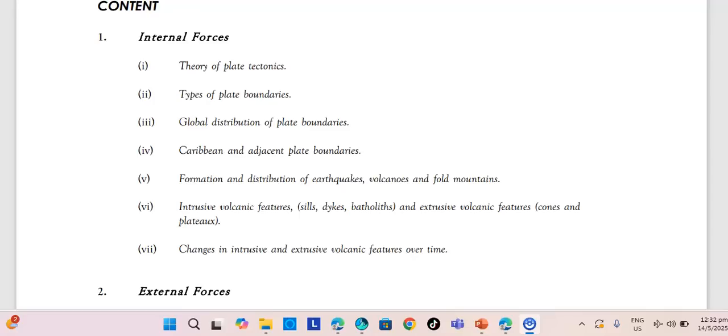Now, when you're thinking about transform boundaries, think about sliding side by side. So this is when two plates slide past each other, and this can cause an earthquake. All right, so those were the types of boundaries.